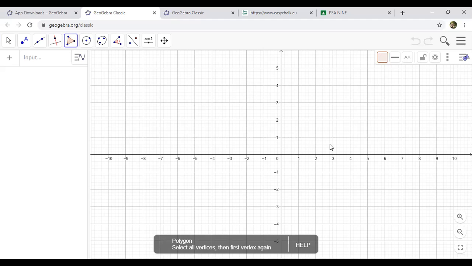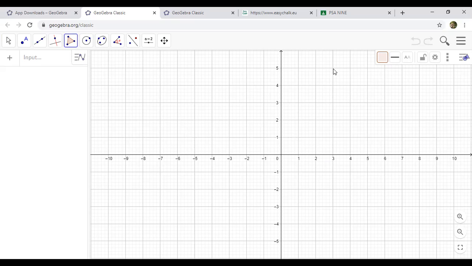The first point A is 3, how much? 5. Okay, 3, 5. This is point A, and the next point B, what is the coordinate of point B? Okay, B is 2, 2. And the next point C, what is the coordinate of point C?